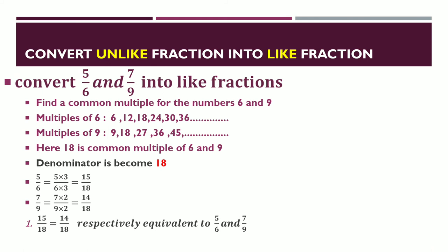So, to convert unlike fractions into like fractions, we get the denominator 18. For getting denominator 18, we multiplied the denominator 6 by 3. So the numerator 5 is multiplied by 3 and we get the fraction 15 upon 18.